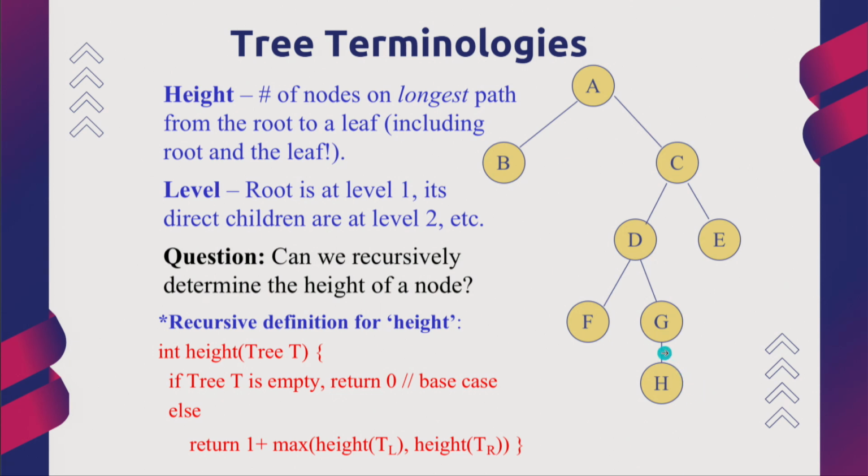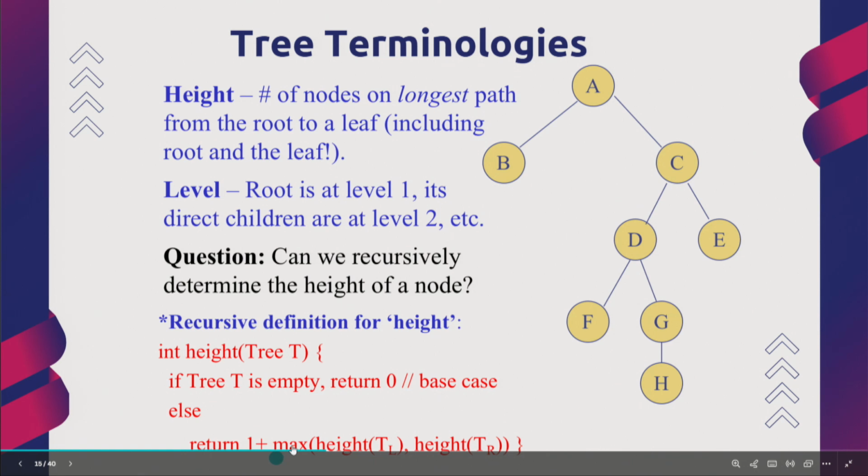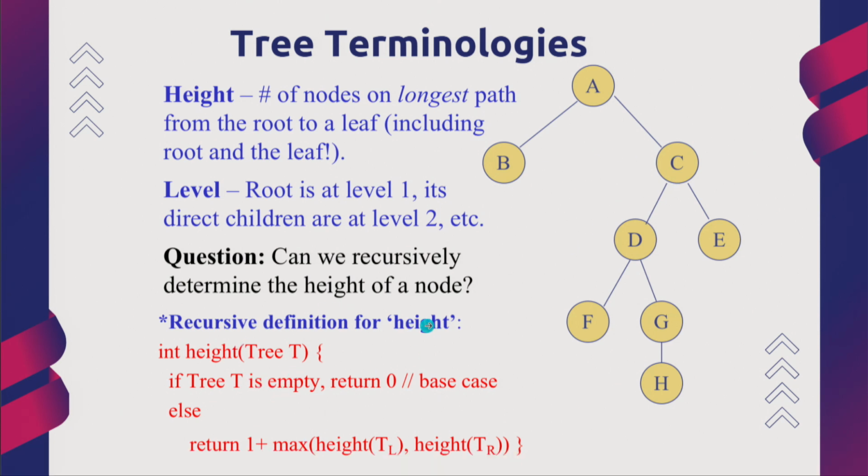So, it is going to be 1, 2, 3, 4 and 5. When you look at the left subtree, we have only one node. So, when we talk of levels, this is 1 and this is 2. So, this is actually 2.